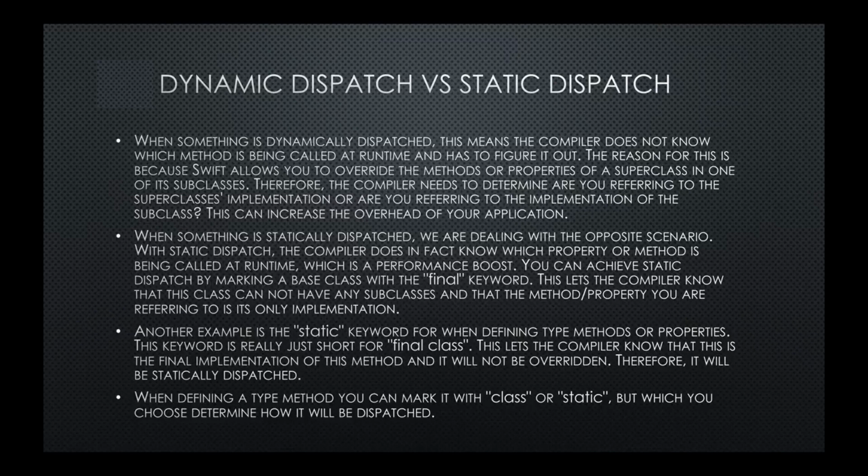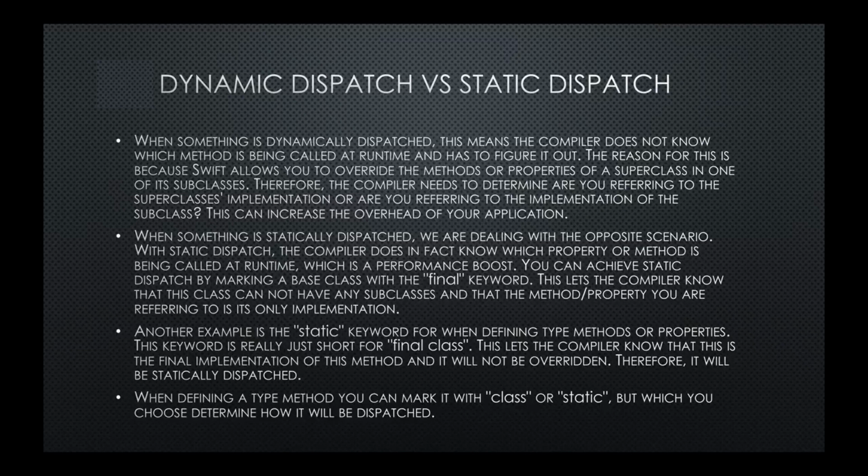The reason would be that you are overriding a method of the base class, and that is the only scenario when the compiler will not know which function to call at compile time, and that's why it is decided at runtime with the help of dynamic dispatch. So when the compiler doesn't know which method to call at compile time, that is when we use dynamic dispatch.